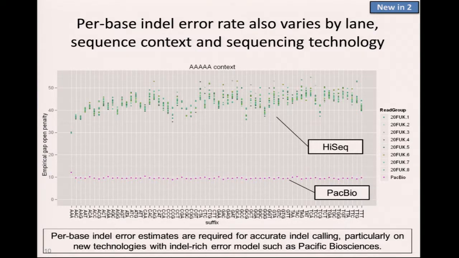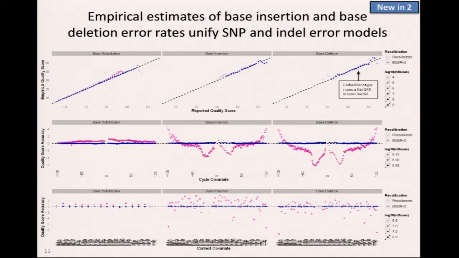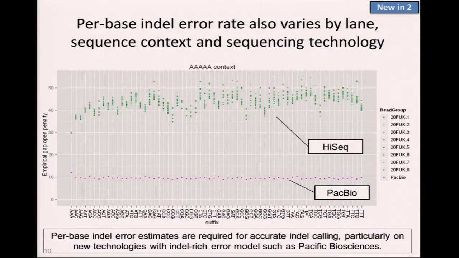So this HiSeq machine, the indel quality scores are much, much higher because it doesn't make many indel mistakes, right? It's Q40, so it doesn't make very many insertion and deletion mistakes, but those mistakes have a crazy bias as a function of the sequencing context, right? So if you're 8 A's or 7 A's followed by a C versus 7 A's followed by a G or whatever, there's crazy bias.